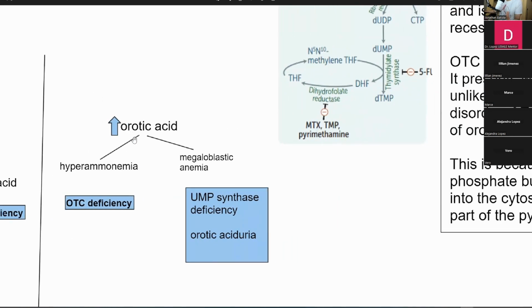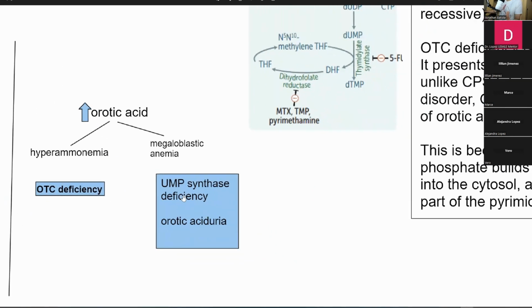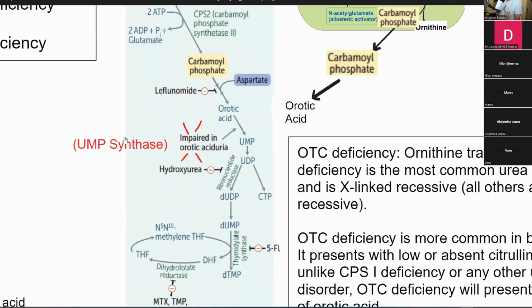Now, pay attention here. UMP synthase deficiency has nothing to do with the urea cycle. So the urea cycle will run properly. You will not have hyperammonemia. Look at it right here. This is a de novo pathway problem.